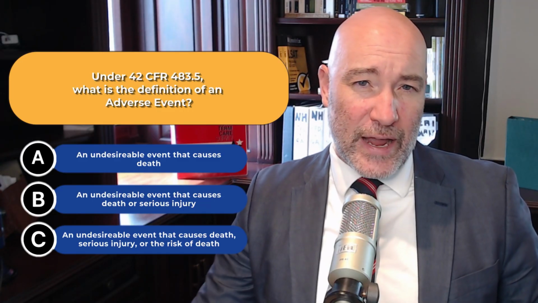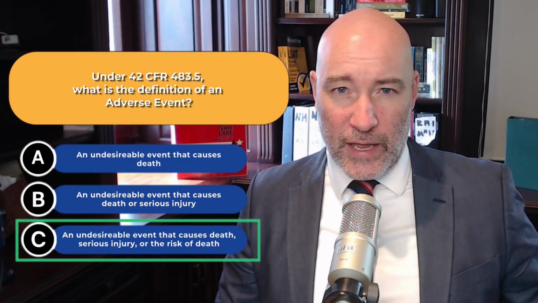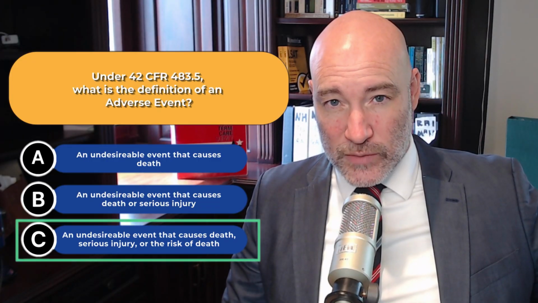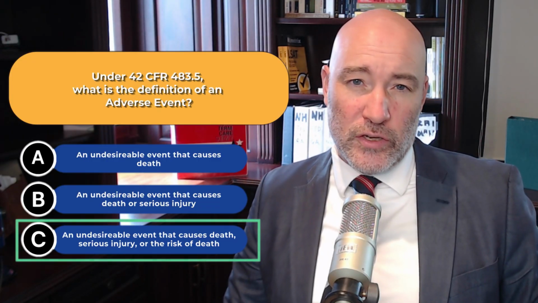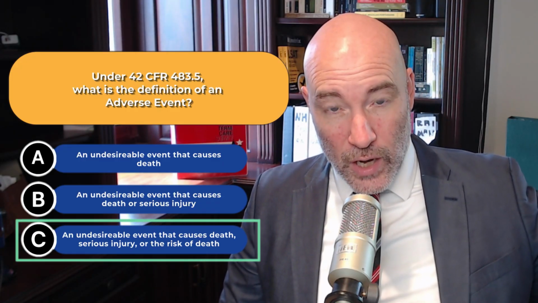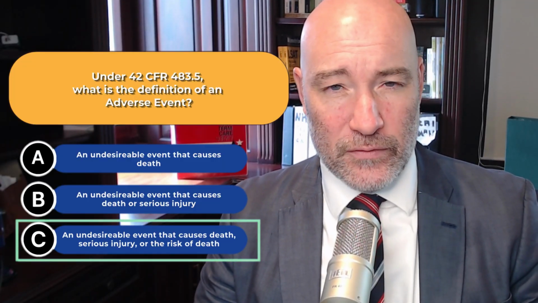And that answer actually is C. An adverse event, which has its own string of things that must occur in the nursing home if it transpires, is an undesirable event that causes death, serious injury, or the risk thereof. So if you got that right, again, a lot of bacon for you.